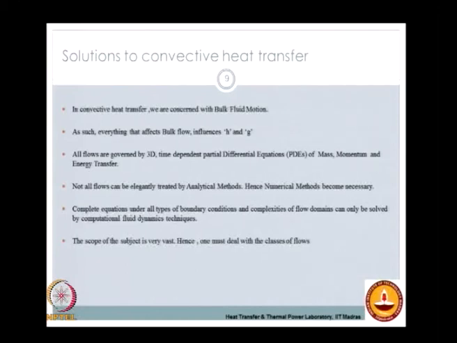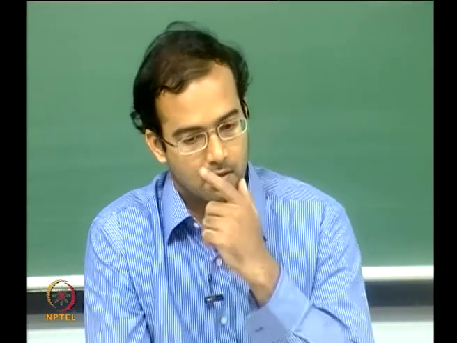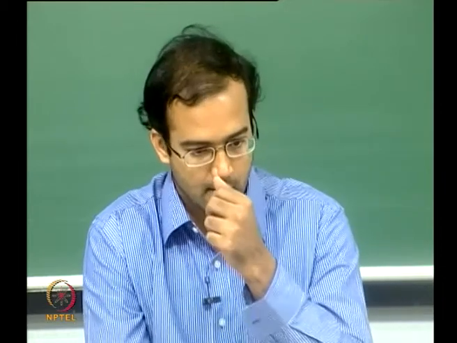Now in order to derive relations for finding the heat transfer and mass transfer coefficients as a function of the flow properties, we have to look at the complete solution of the partial differential equations governing mass, momentum and energy transfer.